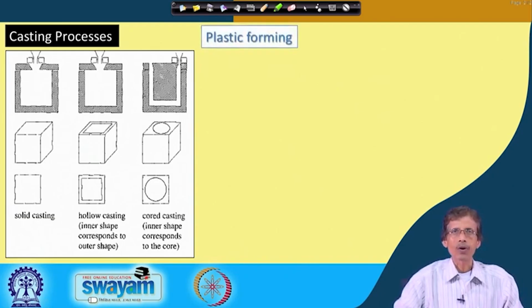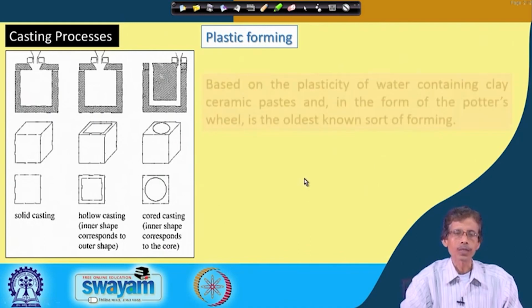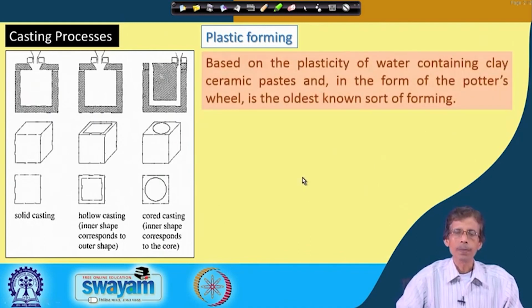Then we get to the corresponding plastic forming process. The plastic forming process is based on the plasticity of water-containing clay ceramic paste. So we can have the clay material, we finely grind it, and the powder material is mixed with water, and then we can mix that material, giving you a paste.